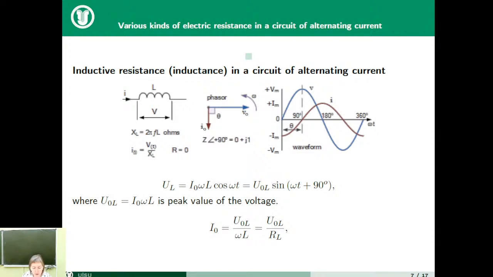The role of inductance is reduced to accumulation of magnetic field energy and returning of this energy back to the circuit. There is a periodic energy transfer from a current source to a circuit, and from the circuit to the current source. In the ideal case, there is no loss of energy.